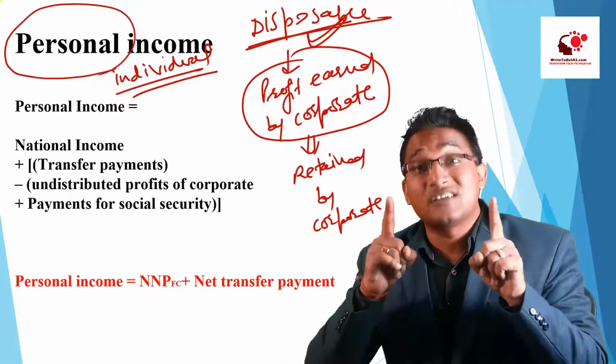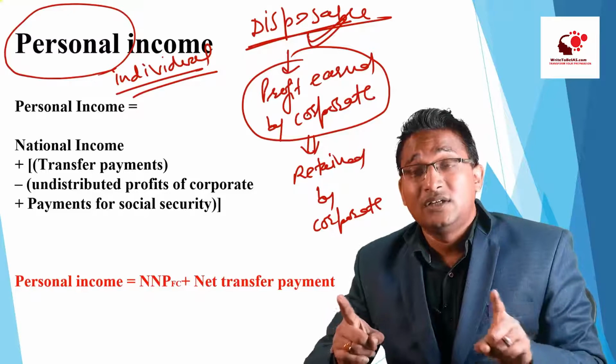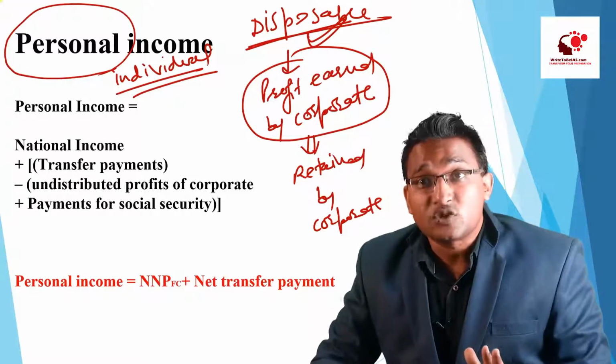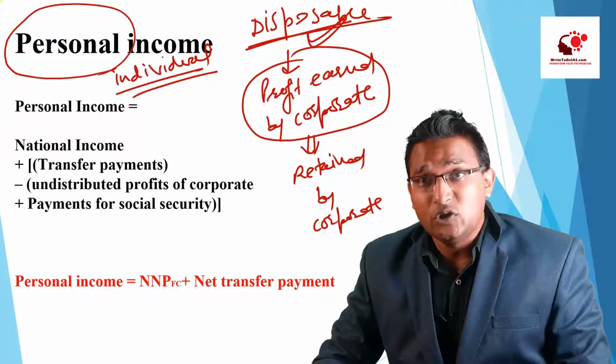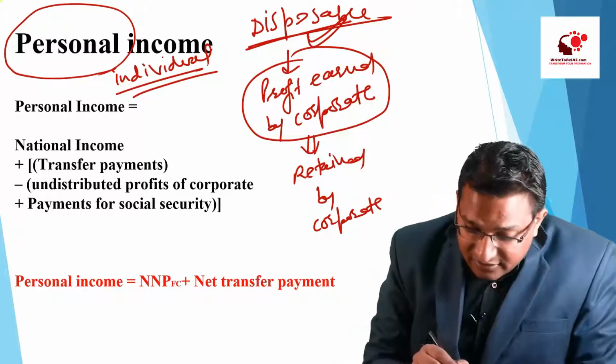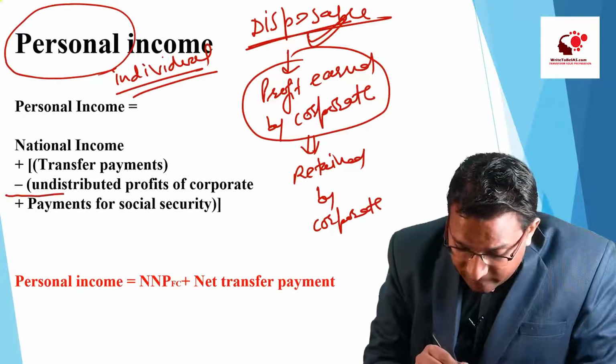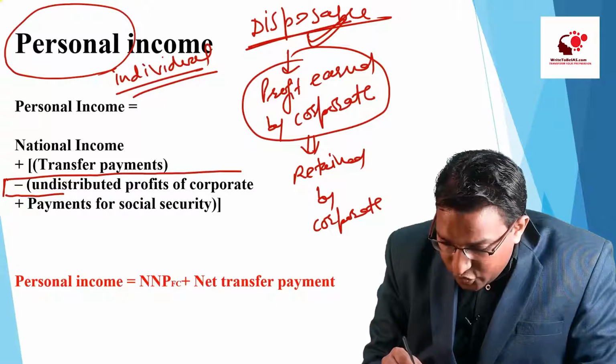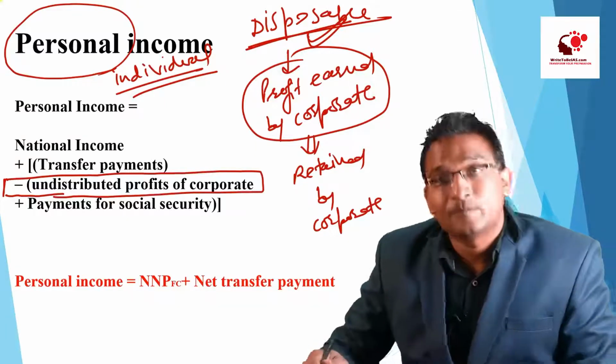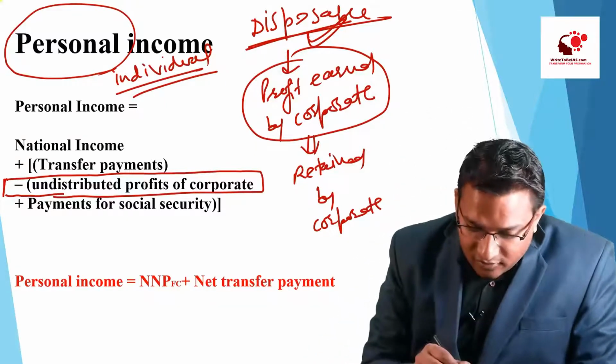Because they don't distribute to the individuals, this amount cannot be spent by the individuals or the persons. Therefore, this is reduced. So minus undistributed profits of the corporate, right?